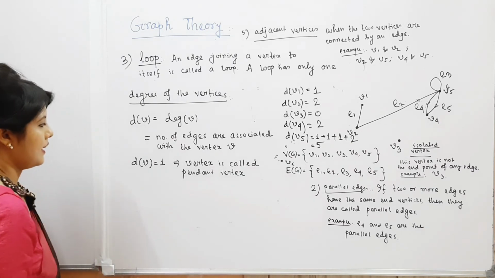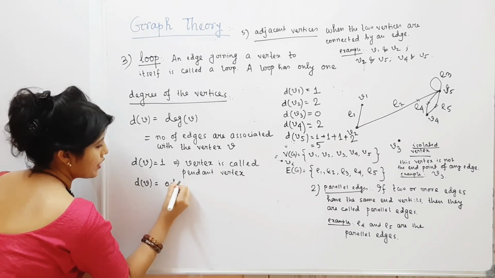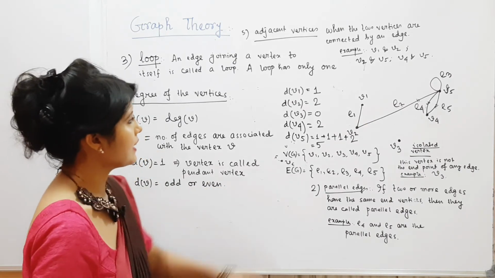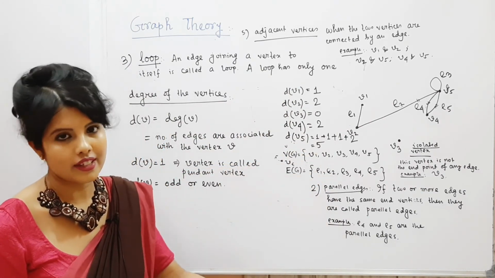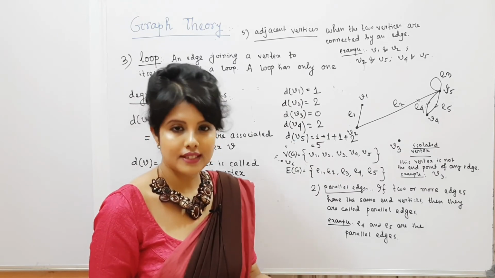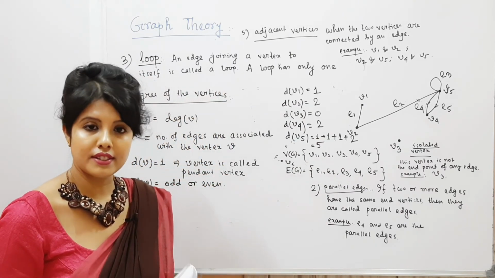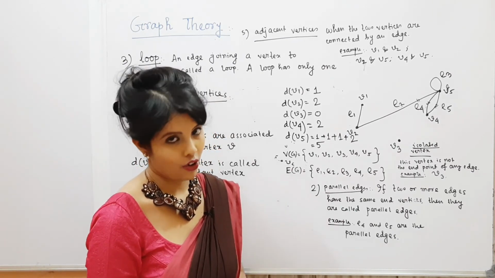And the degree of V may be odd or even. It is very clear that the degree of V5 is 5, so it is odd, and the degree of V2 is 2, so it is even.